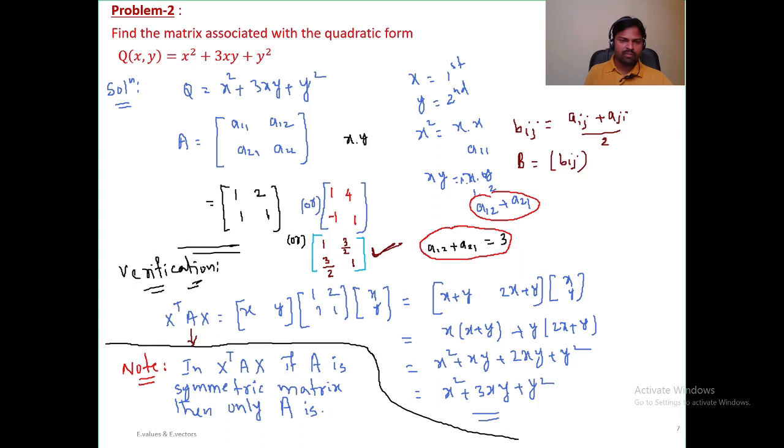Such an A, only one matrix exists if A is a symmetric matrix. Otherwise, this A is not unique. You can write so many matrices like this. I hope you understood this.